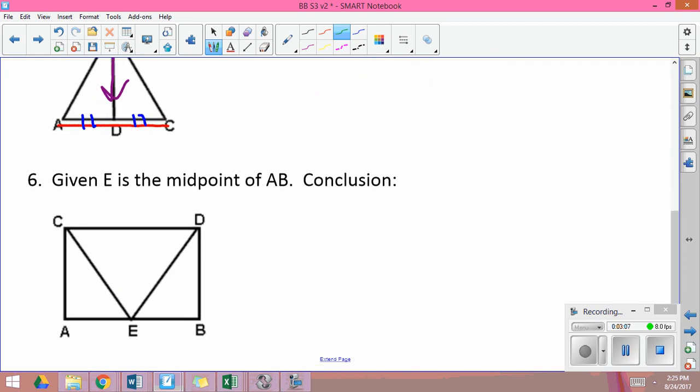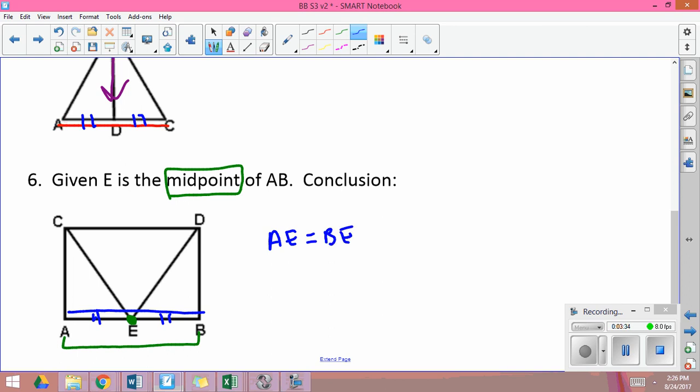Take a look at number 6. Given E is the midpoint of AB, what do I know if something is the midpoint? It means it's in the middle. If E is the midpoint of this larger segment, right here, I know what's in the middle, which means these two are the same. So I know that AE is equal to BE.